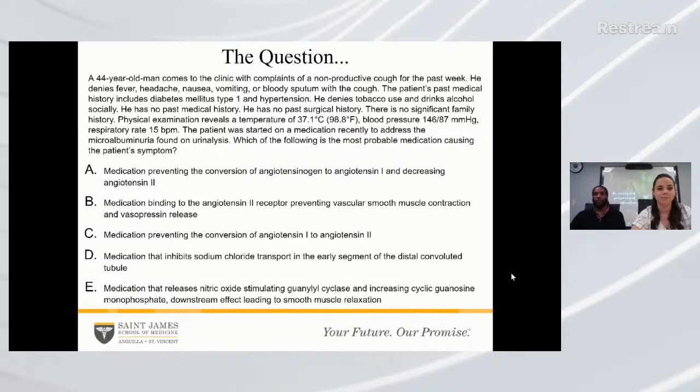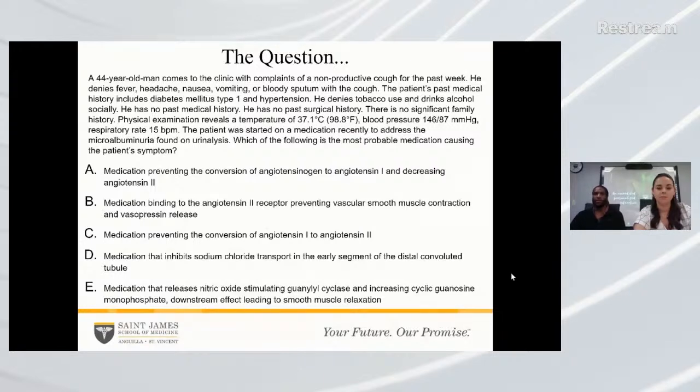A, a medication preventing the conversion of angiotensinogen to angiotensin 1 and decreasing angiotensin 2. B, a medication binding to the angiotensin 2 receptor, preventing vascular smooth muscle contraction and vasopressin release. C, a medication preventing the conversion of angiotensin 1 to angiotensin 2.